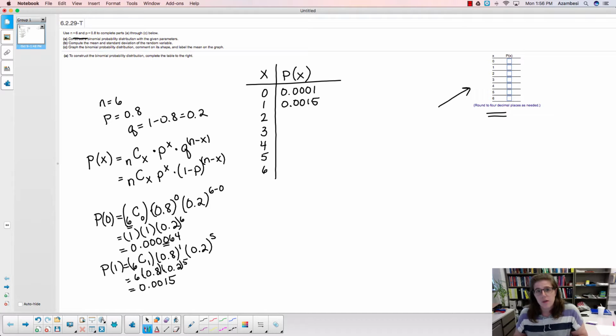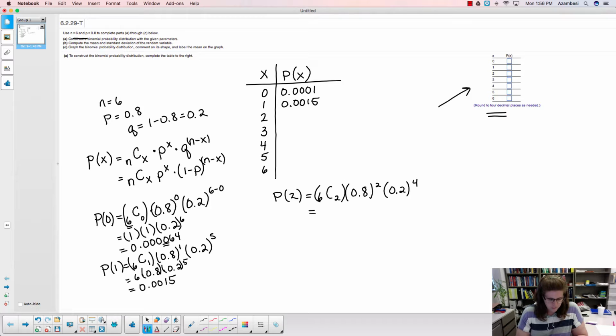I'm going to go through and just do the setup and then put the rest in my calculator. So the probability of 2 would be the combination of 6 and 2 times 0.8 squared times 0.2 to the fourth, so 15, 0.8 squared, 0.2 to the fourth.